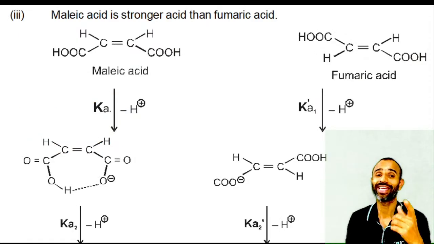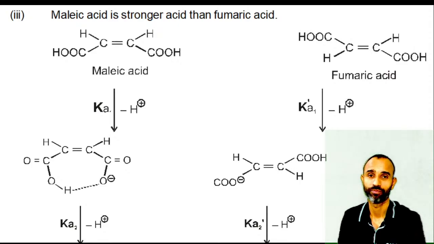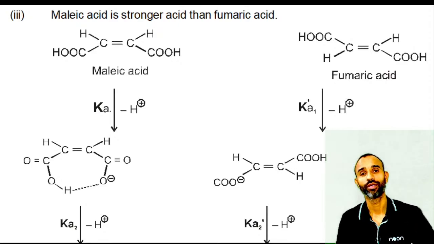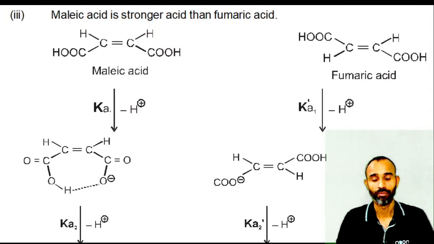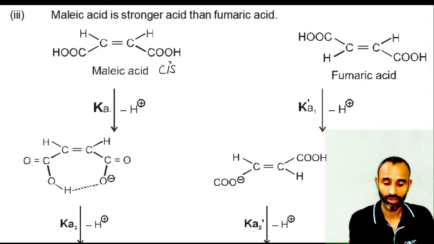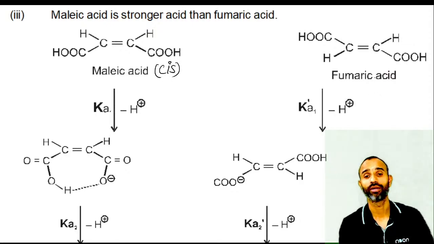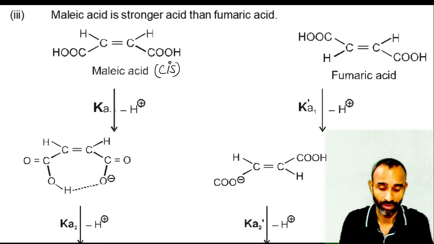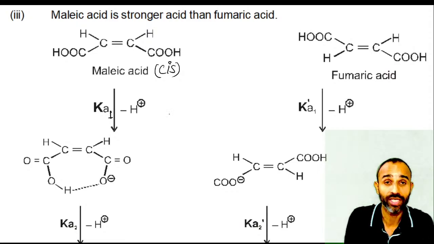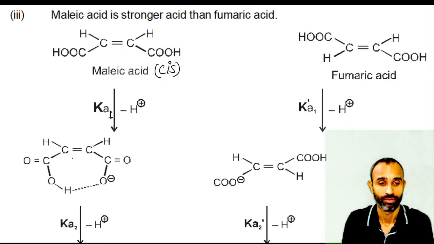Now maleic and fumaric acid, when you compare the acidic strength of maleic and fumaric acid, they are geometrical isomers. Maleic acid is cis isomer and fumaric acid is trans isomer. So when first H plus ion is removed, we get this type of product.